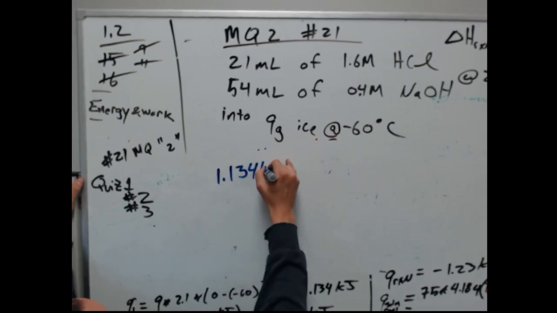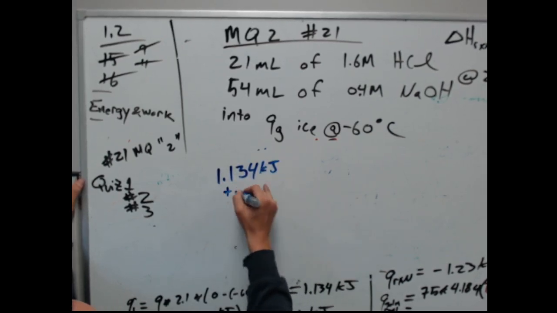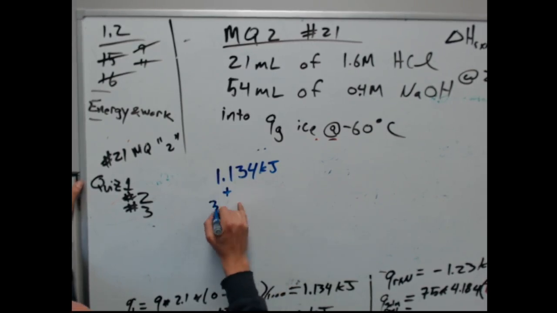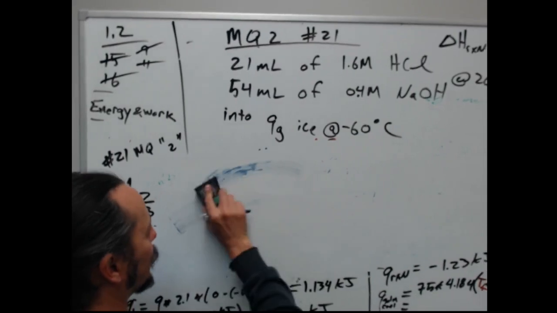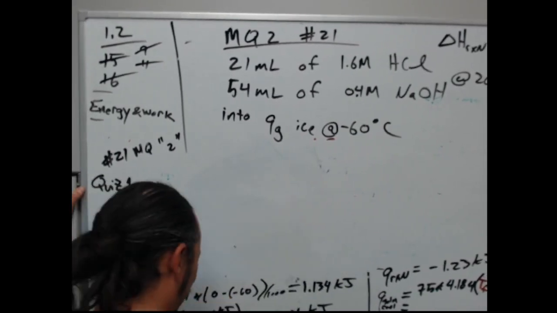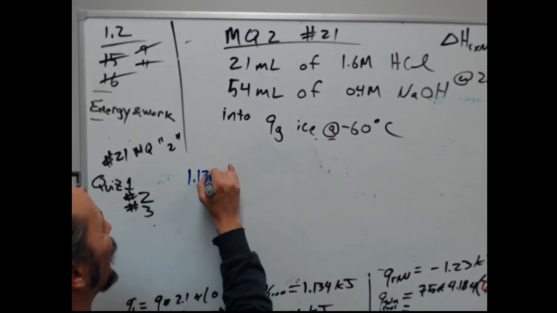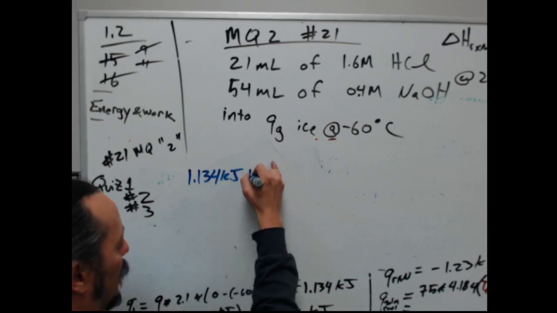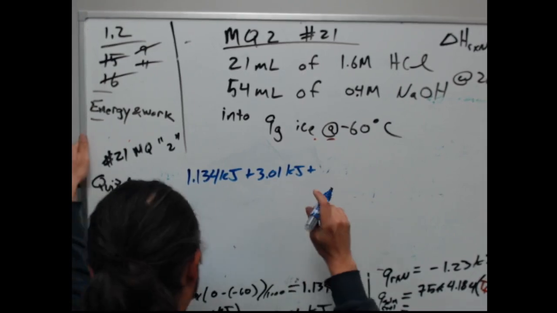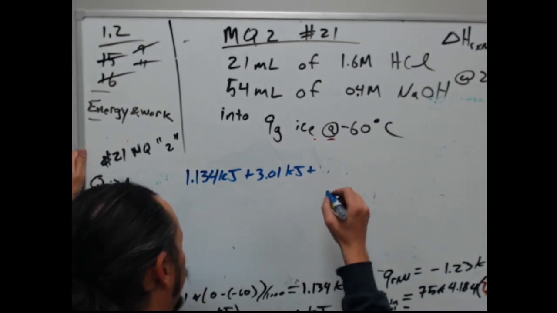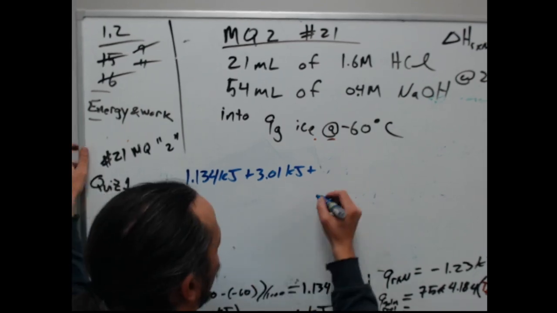So we're going to have 1.134 kilojoules plus, I don't know why I'm doing it this way, 3.01 kilojoules. I don't like that. Okay. 1.134 kilojoules plus 3.01 kilojoules plus 9 times 4.184.